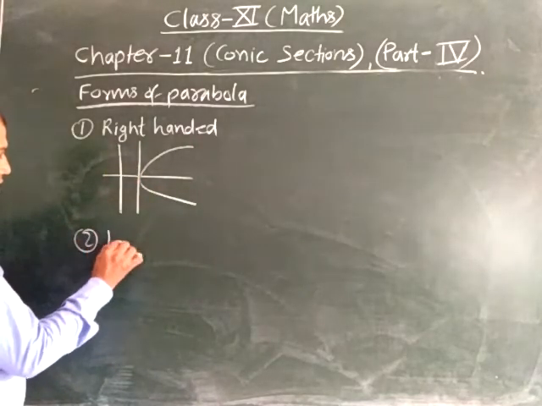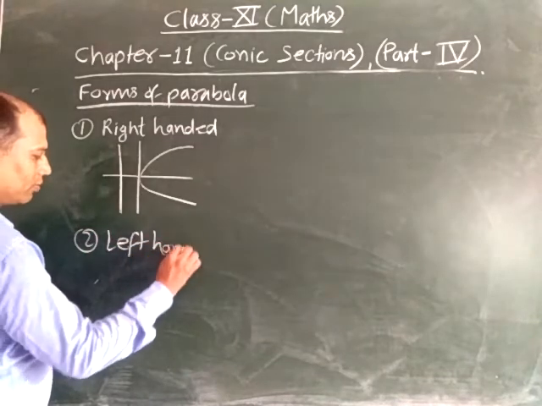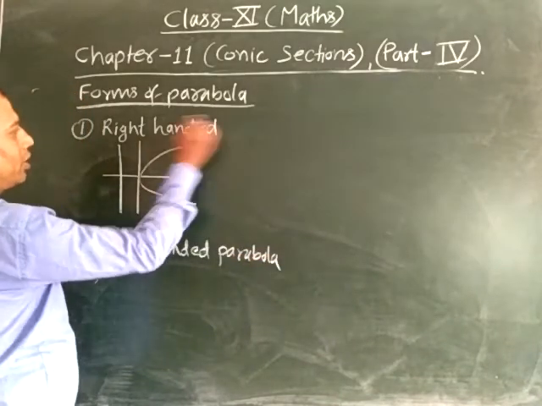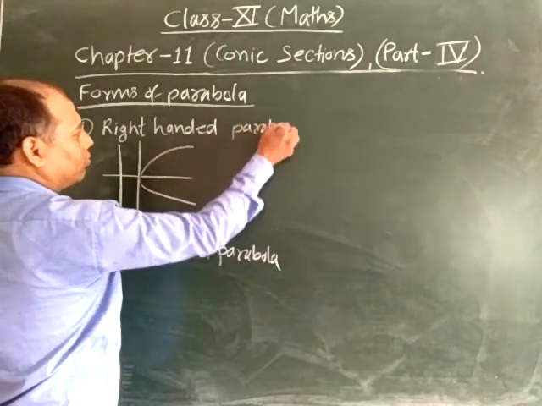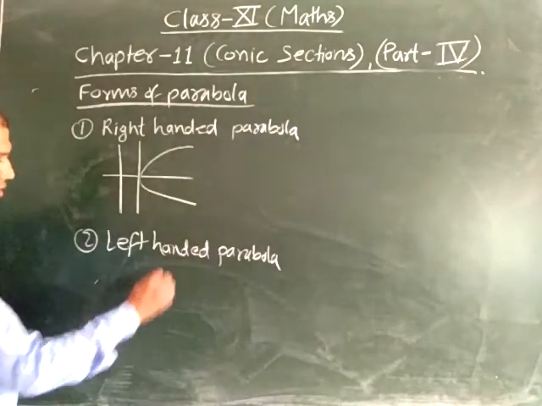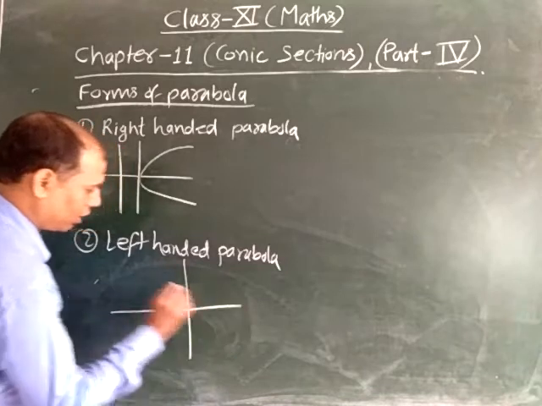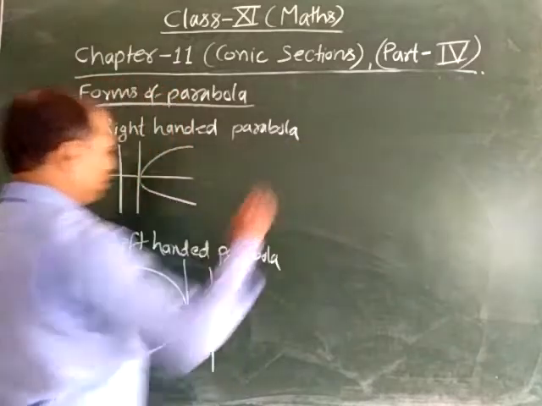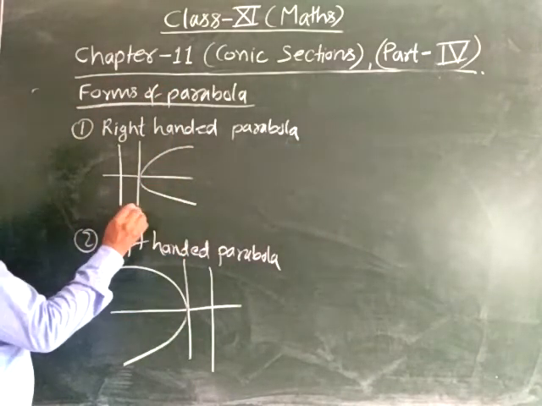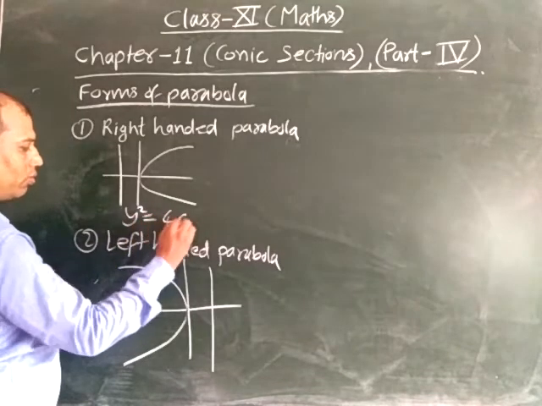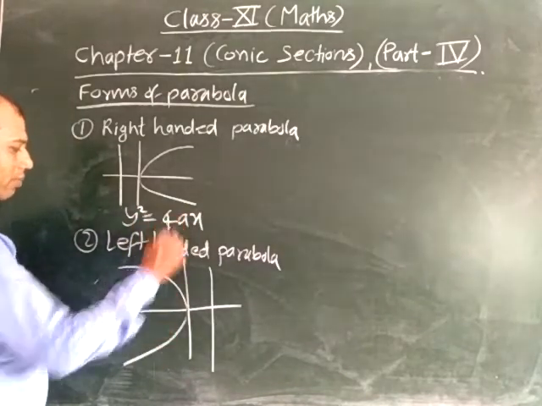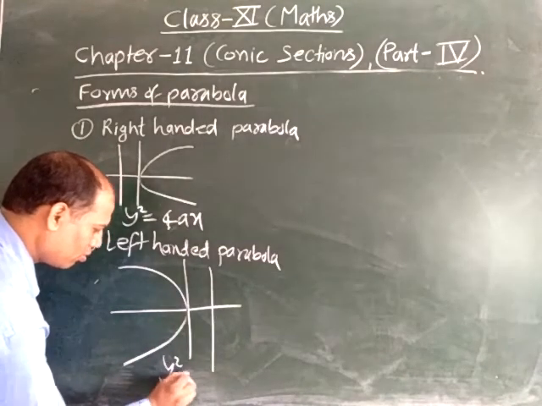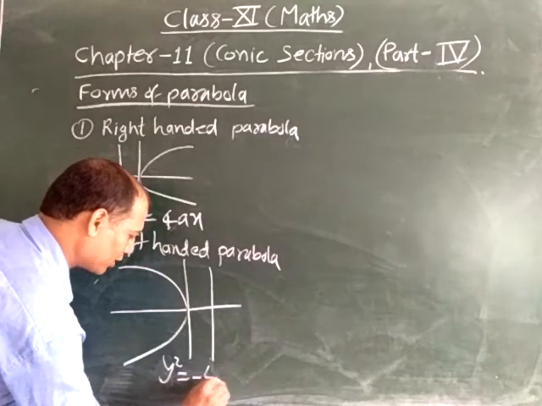The next one is the left-handed parabola. In the left-handed parabola, the parabola is opening to the left side. The equation of the right-handed parabola is y square equal to 4ax, and the equation of the left-handed parabola is y square equal to minus 4ax.